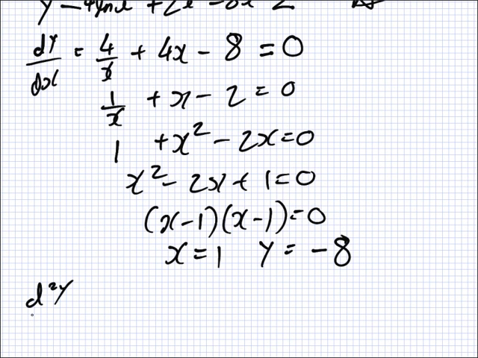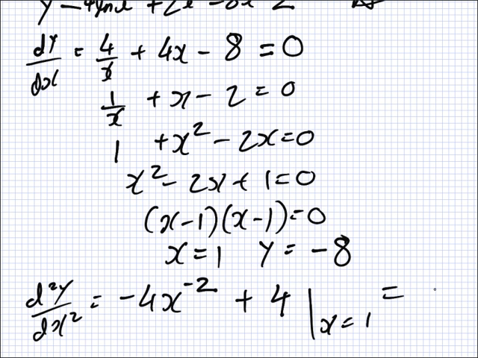Second derivative. Do you remember what the derivative of 4 over x is? Actually, I'm going to write this as a power. Minus 4x to the power minus 2, plus 4. Now, what happens if we put in x is 1? We get 0. So, do we know if it's a max, min, or saddle?